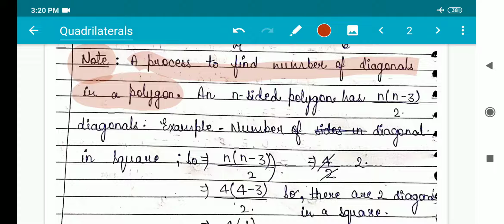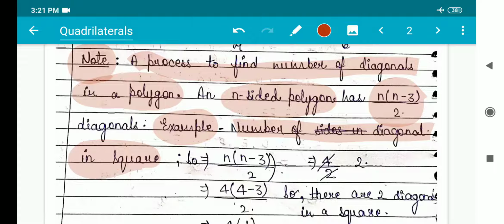This method follows a formula, which is n(n minus 3) by 2. If n is the number of sides of the polygon, then the formula is number of sides times (number of sides minus 3) divided by 2. This gives the diagonals present in an n-sided polygon.